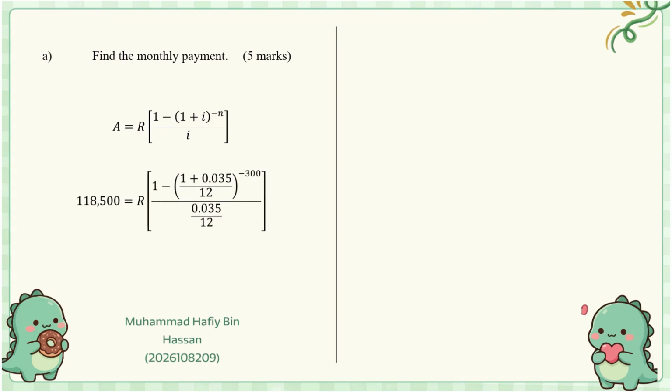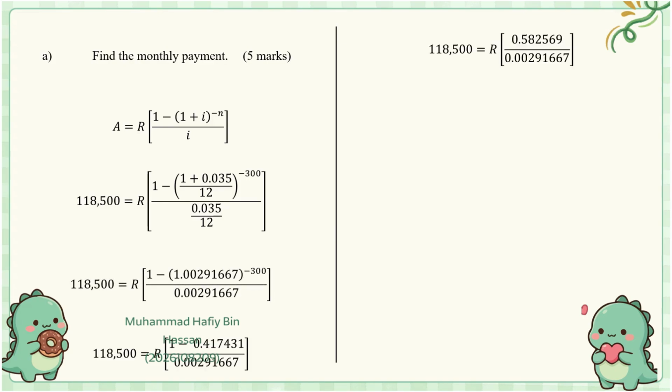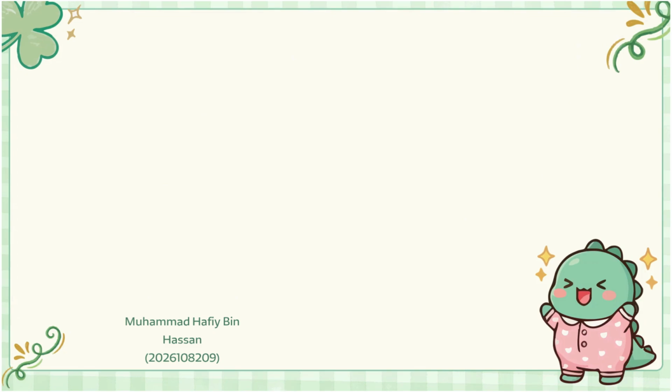Then we substitute the values: 180,500 equals R bracket 1 minus bracket 1 plus 0.035 per 12 bracket to the power of negative 300, per 0.035 per 12 bracket. After we calculate, we get R equals RM 5,932.39.